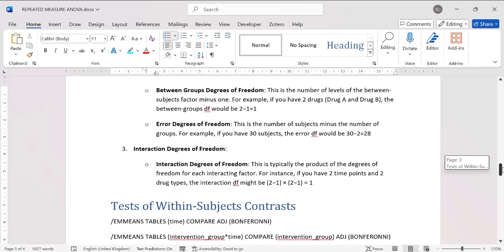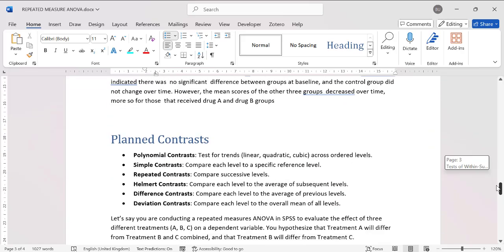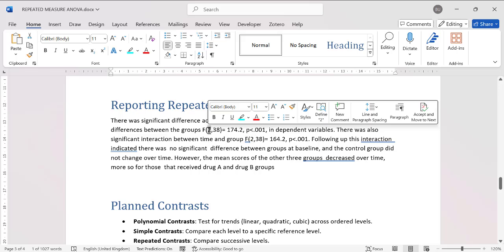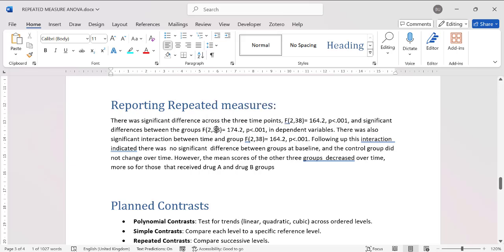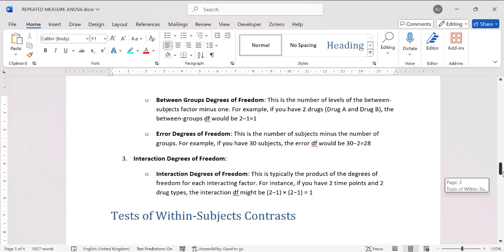So that is how we get the degrees of freedom. Like you see these two numbers here, F(2, 38), that is how we get them. The 2 here is representing the degrees of freedom, while the 38 is representing the error degrees of freedom. So it's very important that you know that.